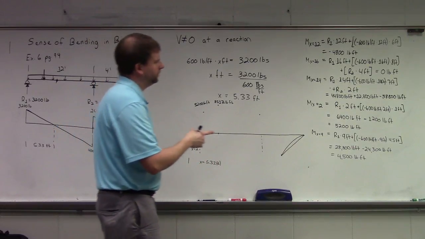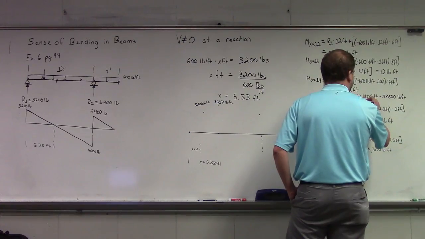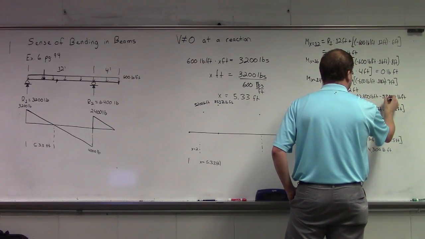So it's 57.6, so it's minus 1,200. 1,200. Yeah.